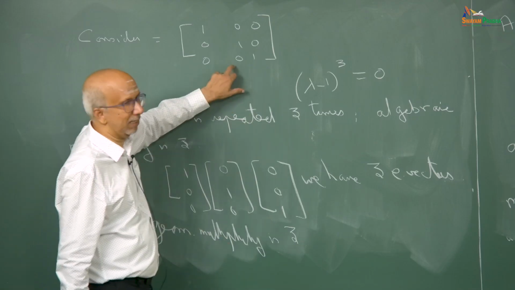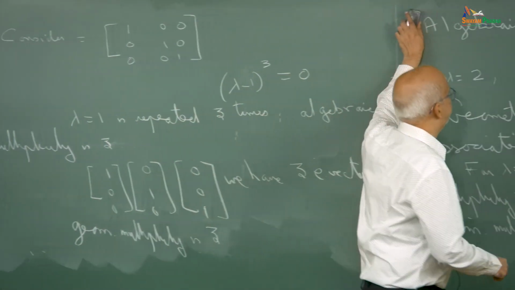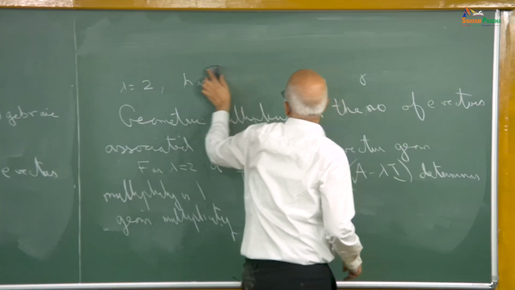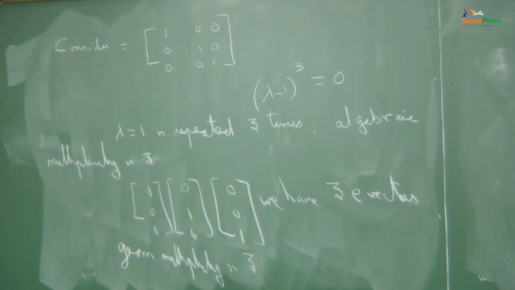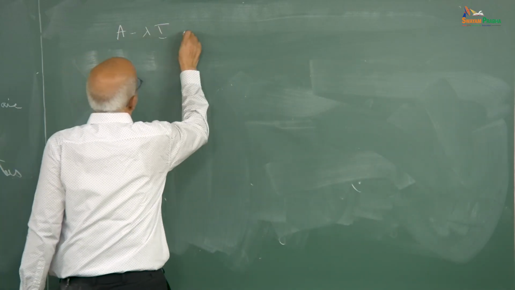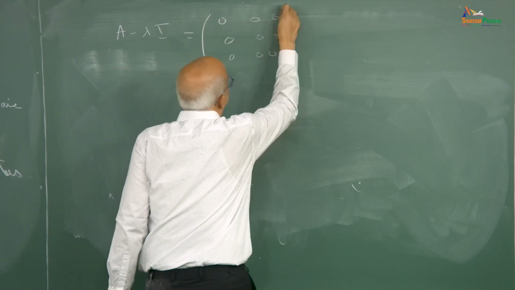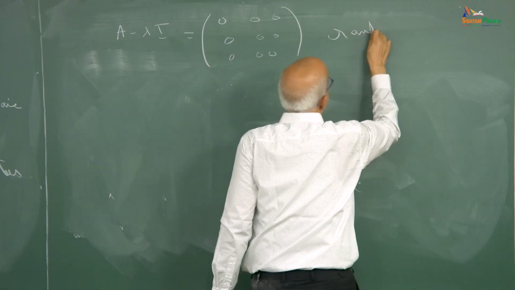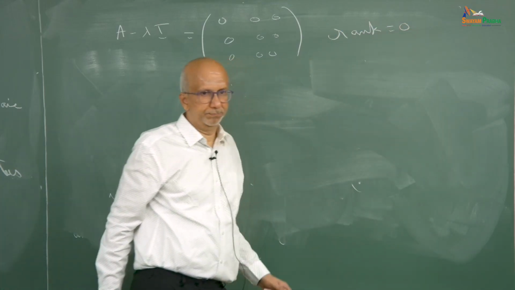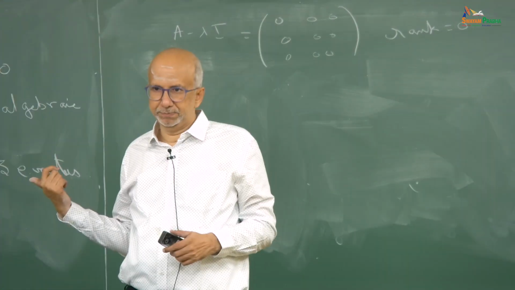If you do A minus lambda I with lambda equal to 1, remember, I get 0. The rank is 0, there are no independent rows, everything is 0, okay. So, basically I have 3, that is the reason I am having 3 independent eigenvectors.